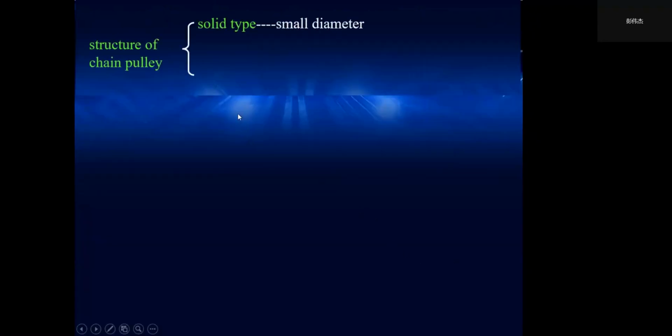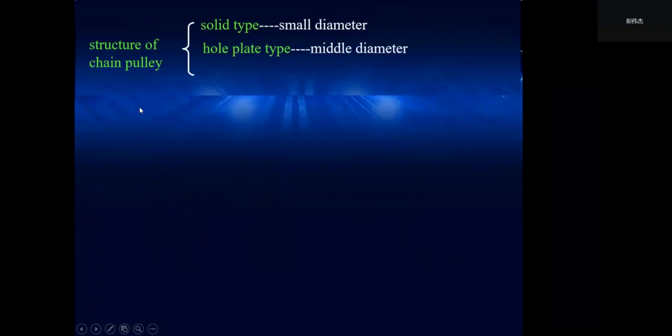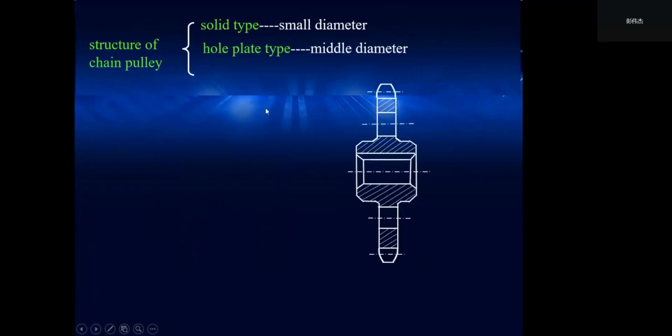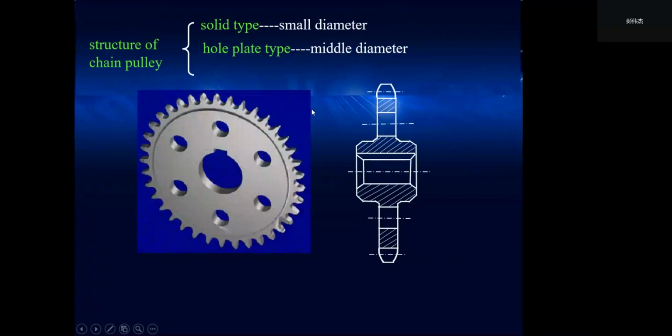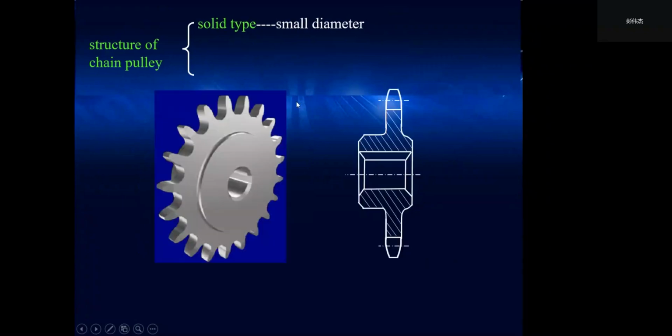And then, similar to belt drive, the structure of the chain pulley is determined by the diameter. If the sprocket diameter is small, we can use a solid type sprocket like this.